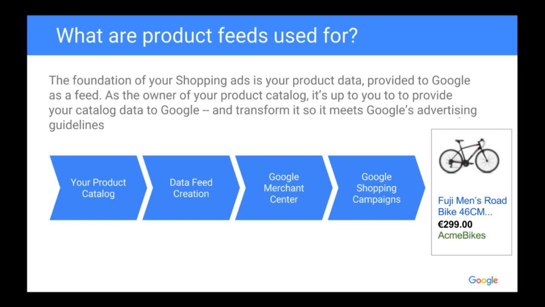And then ultimately, starting with your product catalog, all that data is tied together into a product listing ad, where in the example of this, you have the bike where it shows the image, the title, the price in euros. It can be in dollars, it can be in yen, it can be in British pounds, wherever your business is located. And then obviously it will show your business's brand.